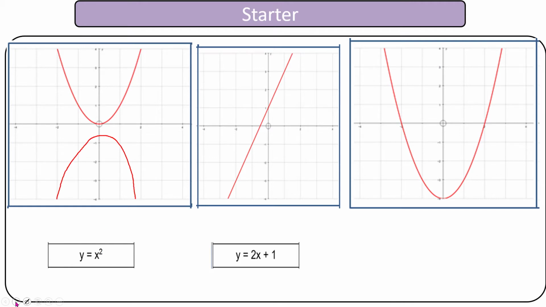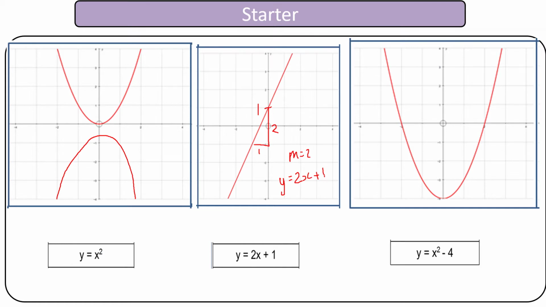This is a linear graph, so that's 2x plus 1, because remember you can see the gradient here. That's 2. That's 1, so the gradient is 2. M equals 2. You can see the y-intercept is 1 here. So putting that in the equation of a line, that's y equals 2x plus 1.